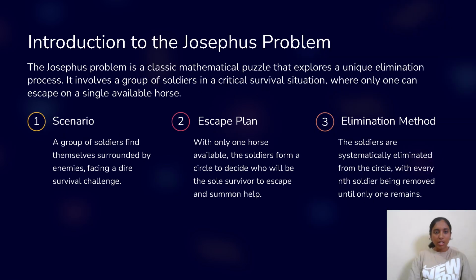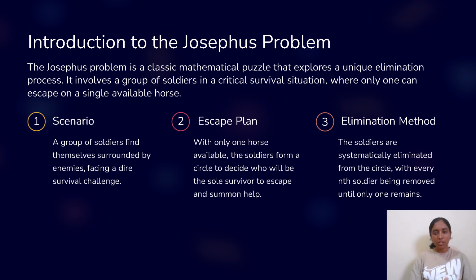Next, let us introduce the Josephus problem and how the step-by-step process is going to take place. Let's bring a story to life. The first is the scenario. A group of soldiers are surrounded by enemies. They know that only one person can survive and escape to get help. So with limited time and one horse, they decided to form a circle and use a counting method to choose who survives. Second is the escape plan.